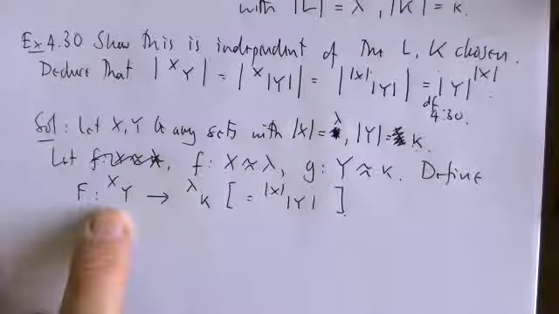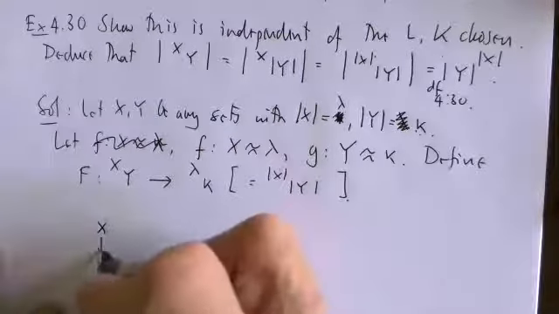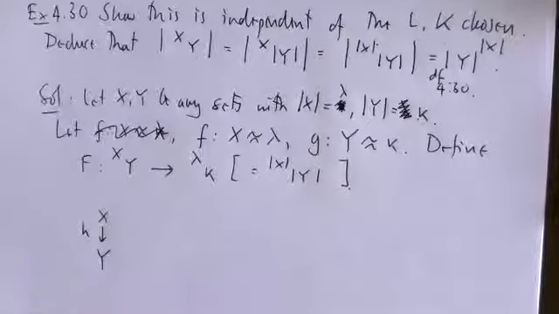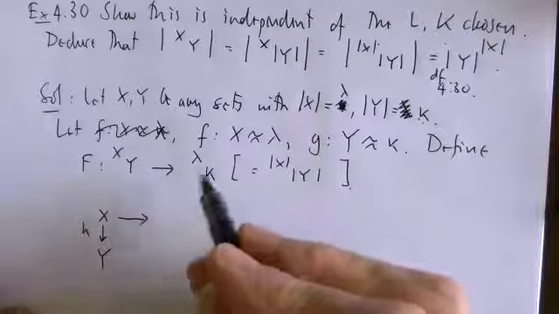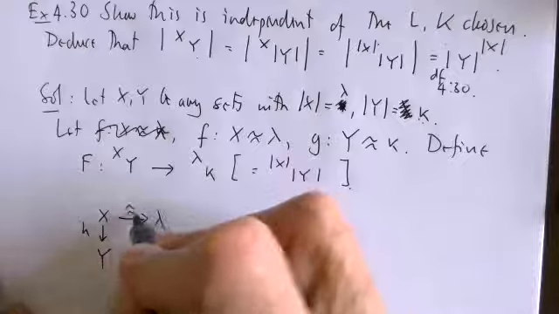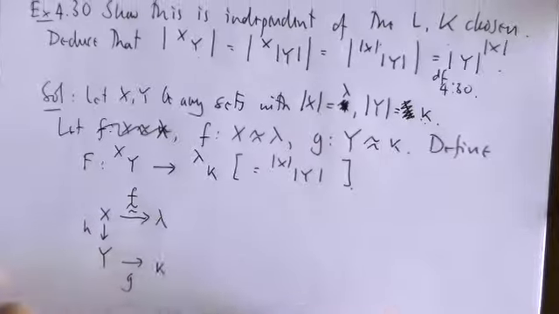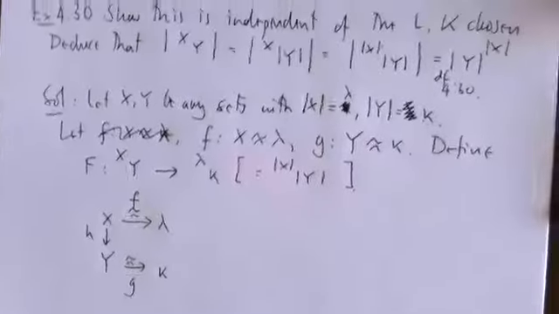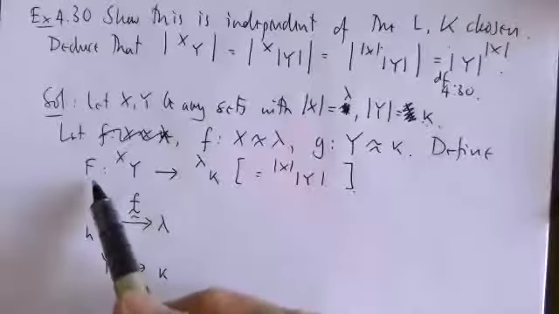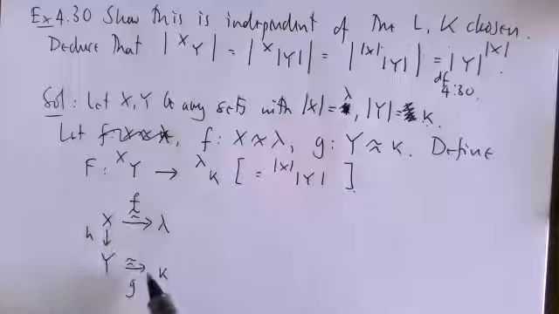I've got a function from x into y, and maybe it's some h here that's going from x into y. And I've got f that takes x bijectively with lambda. And I've got a g that does the same thing for y bijectively with kappa. And I'm supposed to have a function from lambda into kappa. So I've just got a little commuting diagram here.